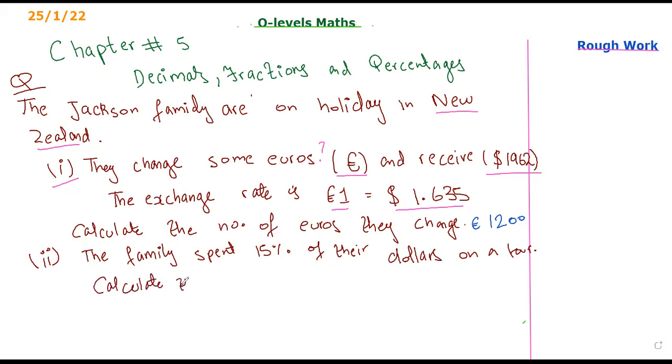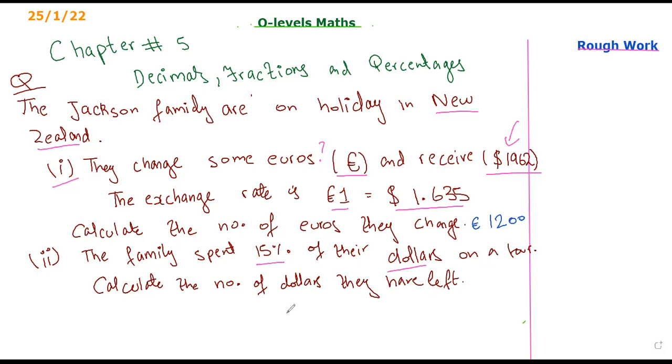Calculate the number of dollars they have left. Okay. Now, what is the question? The family spent 15% of their dollars, of these dollars, on a tour. Calculate the number of dollars they have left.